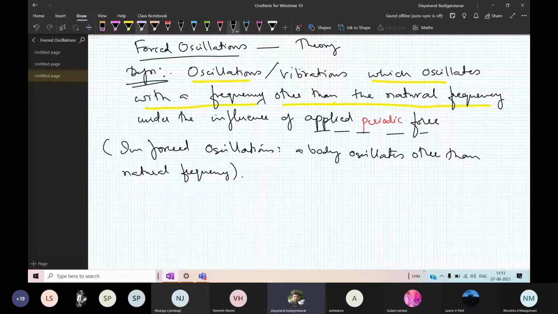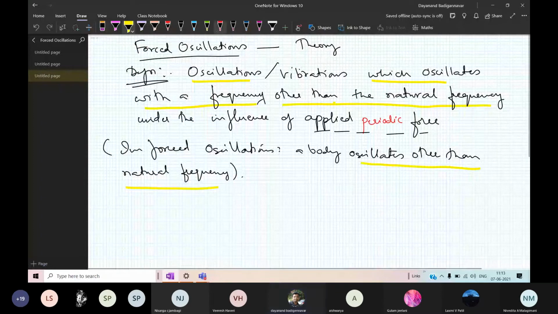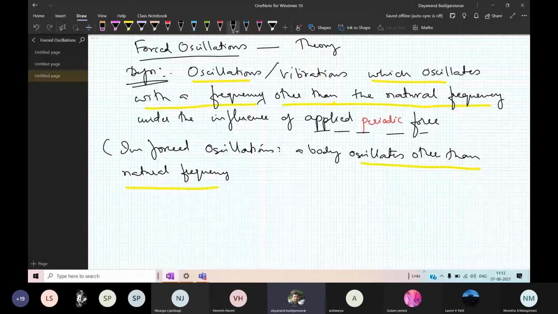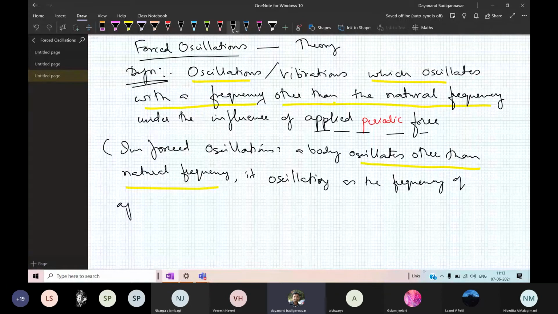It is oscillating with a different frequency, that is, under the influence of applied force, it is oscillating at the same frequency as the frequency of applied force.